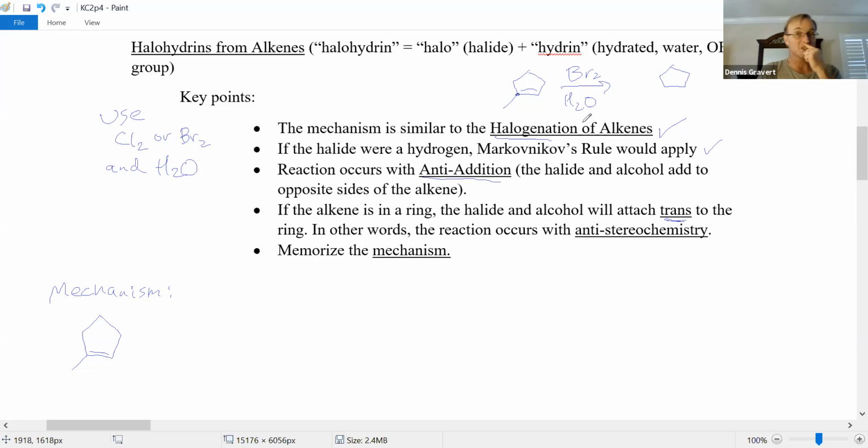If we're going to just do hydration, I don't know if I introduced that in the previous video, but if you just add water and an acid, that reacts all by itself with an alkene by Markovnikov's rule that says the hydrogen of the reagent goes to the alkene carbon with more hydrogens. That's this one. This carbon on the right has a hydrogen.